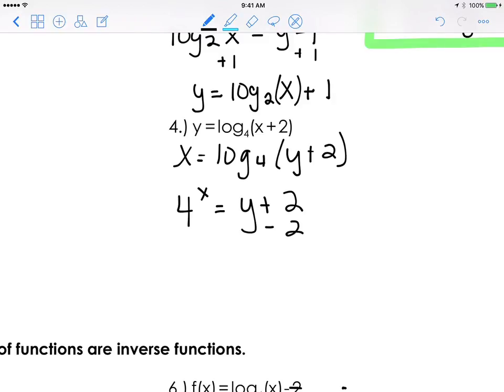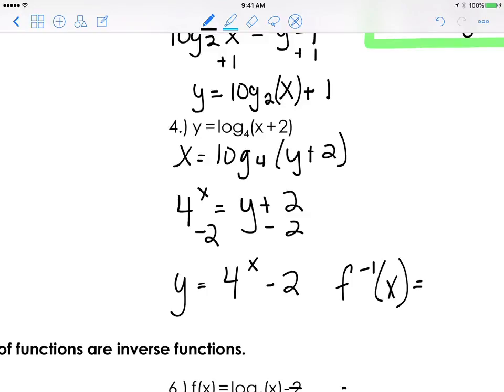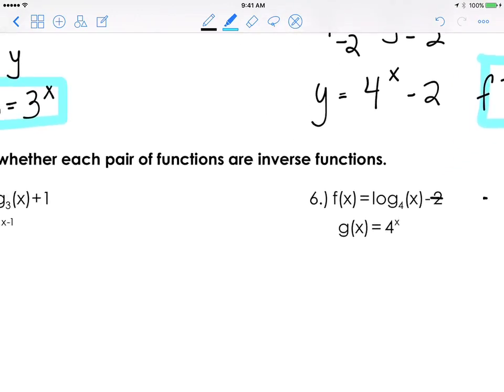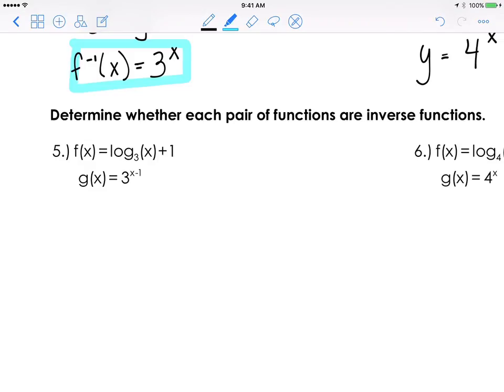Now we can subtract 2 from both sides. So we get y equals 4 to the x minus 2. So rewrite that. And we're done.